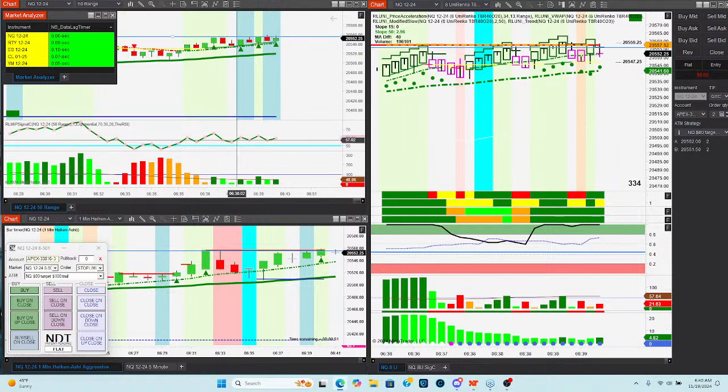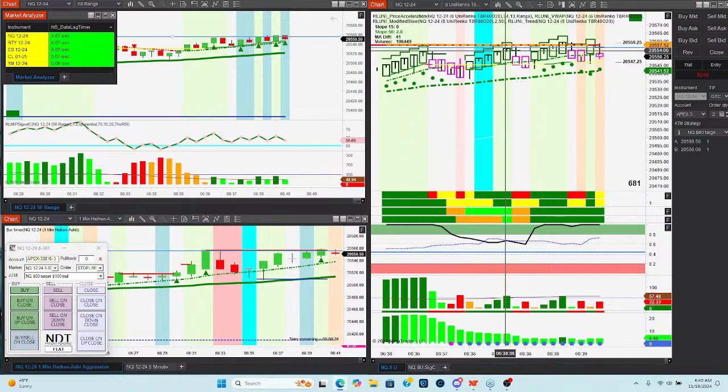I'm going to look for brush. I know I'm over my 50 on the C signal. No, I've got the VWAP right here, so it's just dancing along that right now.